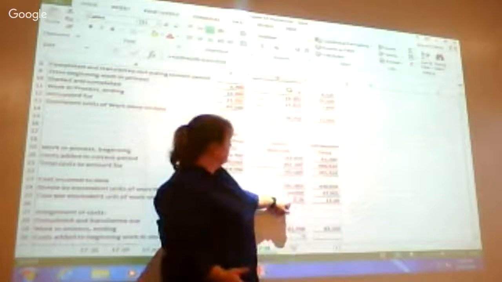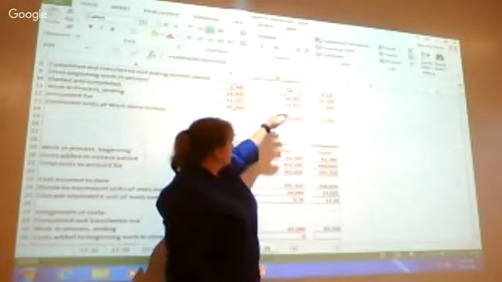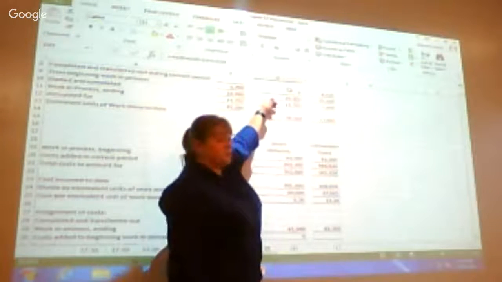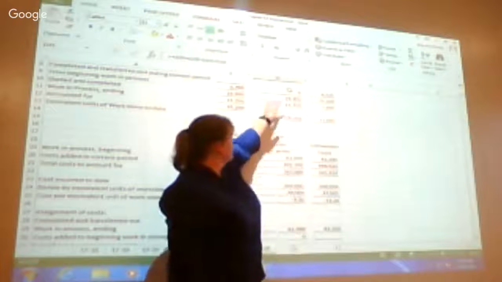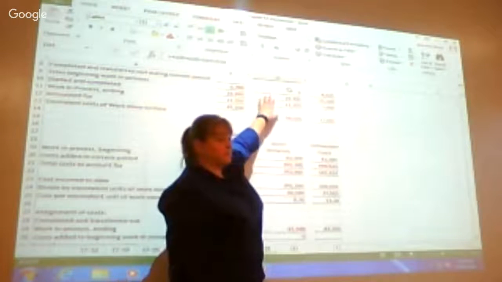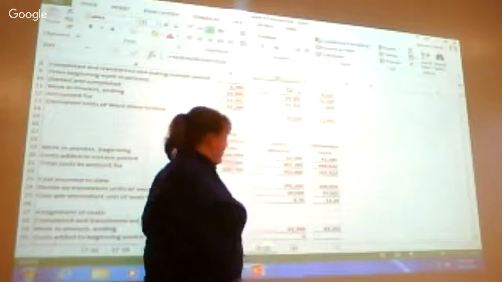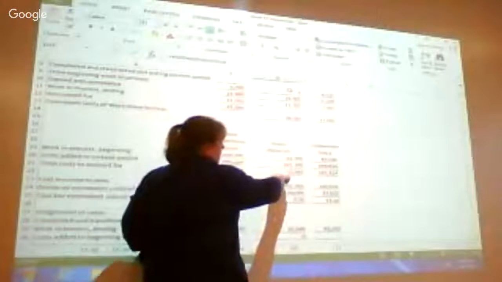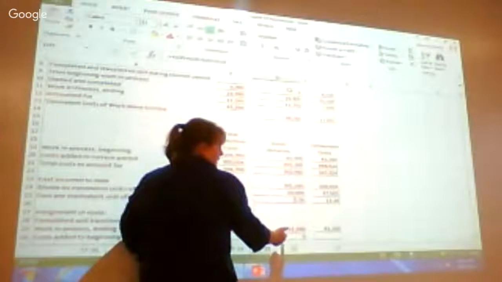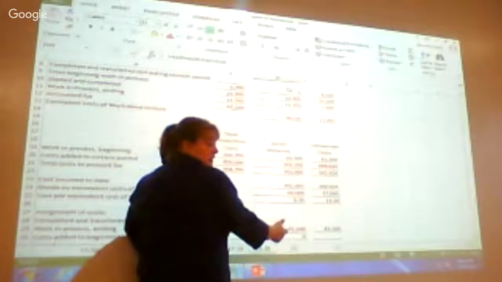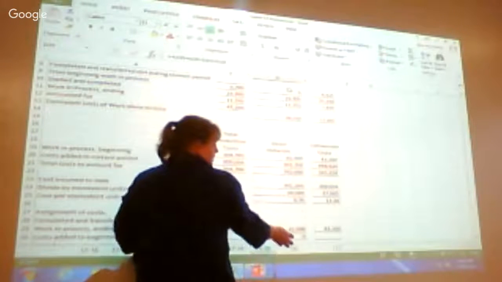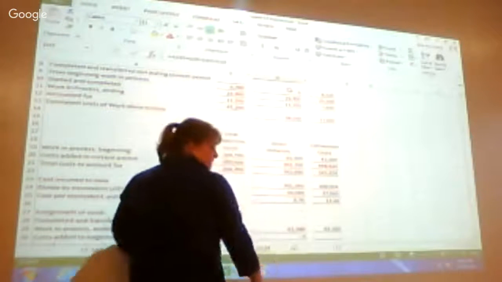Then 874 times 23.3, 874 times 11.2. You just take the rate times all these 3 numbers up here, the equivalent units. And then that allocates this 301 between the beginning, the finished goods, and the ending.